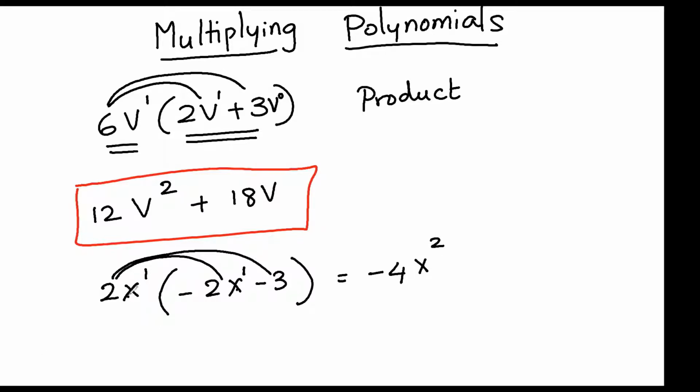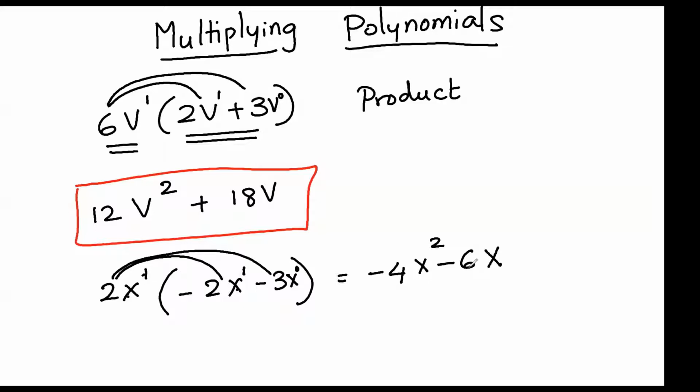Then I'm going to multiply 2x times negative 3. So 2 times negative 3 is negative 6. And here there is no x, right? So next to 3, which means that this is x to the 0th power. So I'm going to add 1 plus 0, which is 1. So this is going to be x to the power of 1, which means that it is simply x.